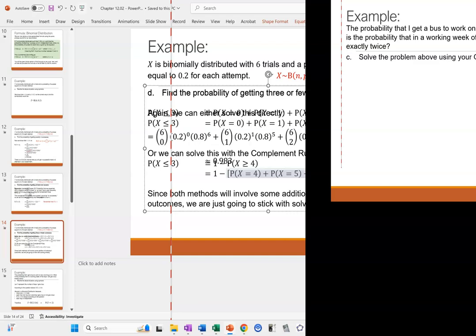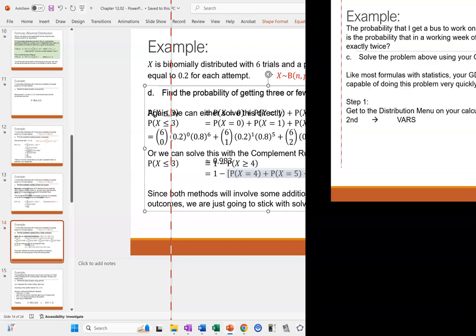Let's talk about using our calculator now, finally, to do this. I've shown you setting it up by hand, and now let's actually do it on our calculator. If you have your graphing calculator with you, I recommend taking it out to follow along.